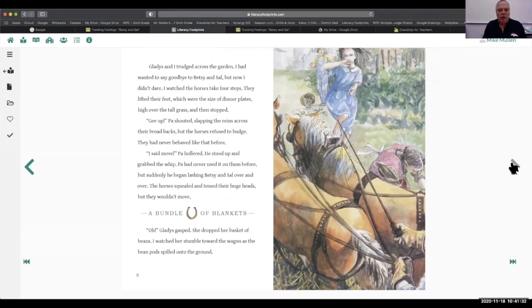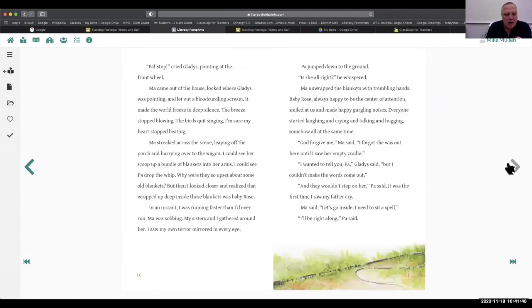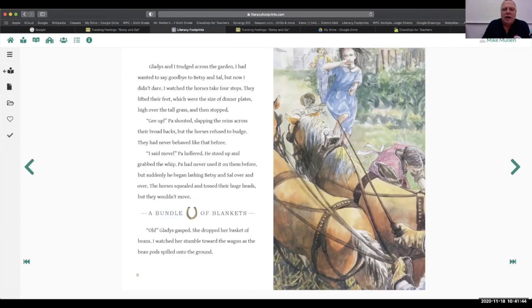Now I want to go to the very, very end. We're going to start right here with page 8, and we're going to go through to 11. And I want us to talk about the escalation of feelings, the intensification of feeling. Get up, Paul shouted, slapping the reins across their broad backs.